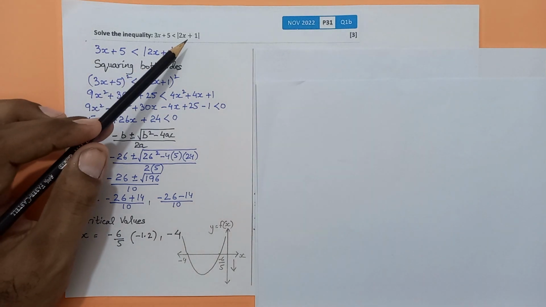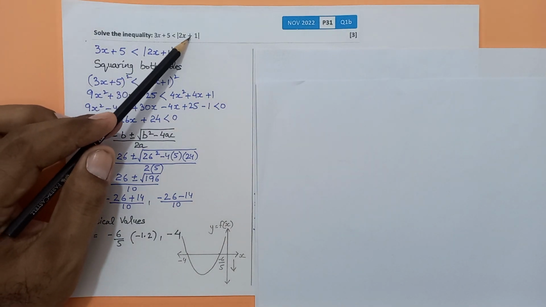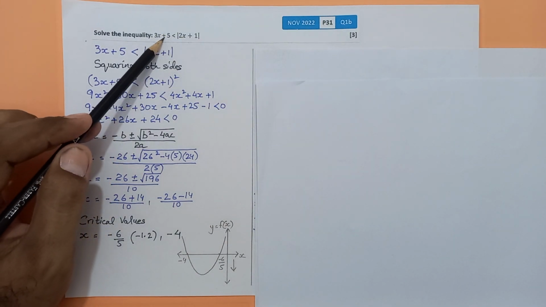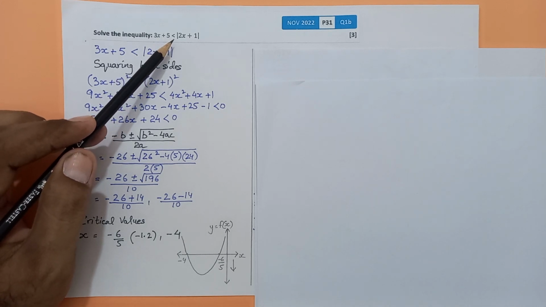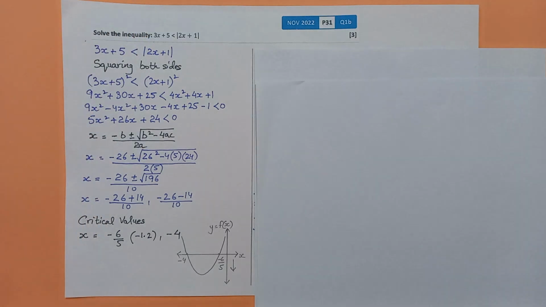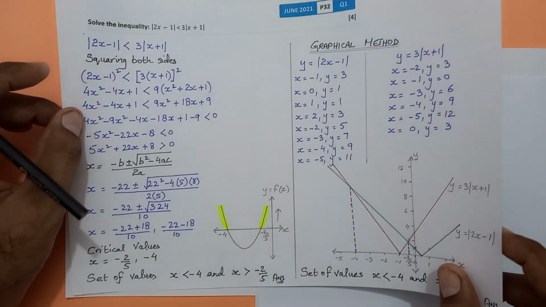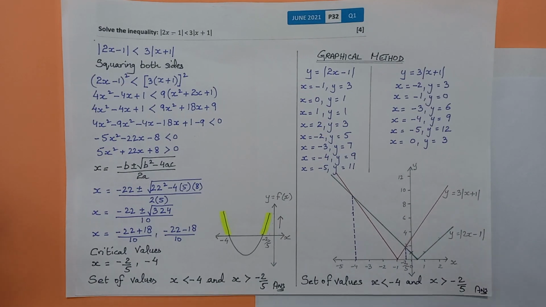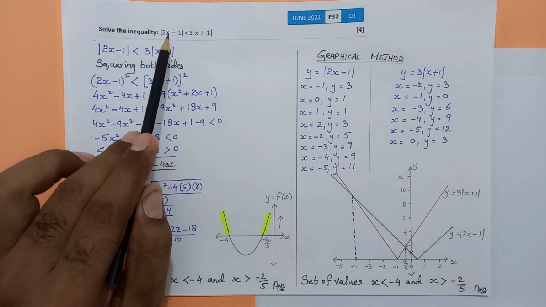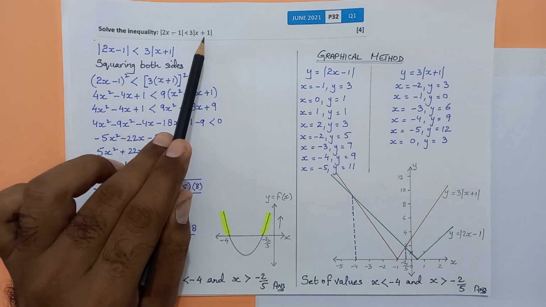Because in the question we have a modulus on just one side and the other side does not contain a modulus, the process is a bit different from the questions that have modulus on both sides. If we look at that kind of question, you can see that the modulus is on both sides.